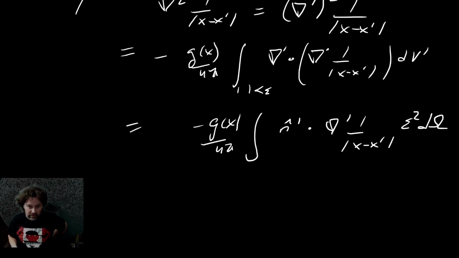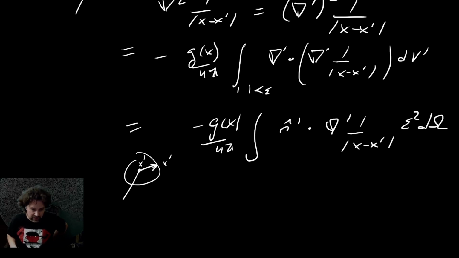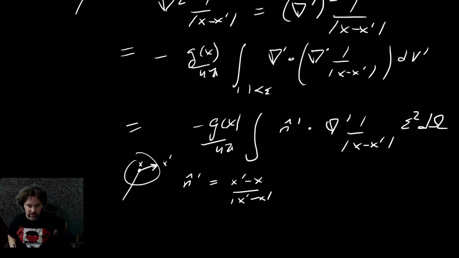And what is our n hat prime? So our sphere, we have points x prime on the outside and points x on the inside. And our unit normal is x prime minus x over |x prime minus x|, which is minus (x minus x prime) over the absolute value of x minus x prime.